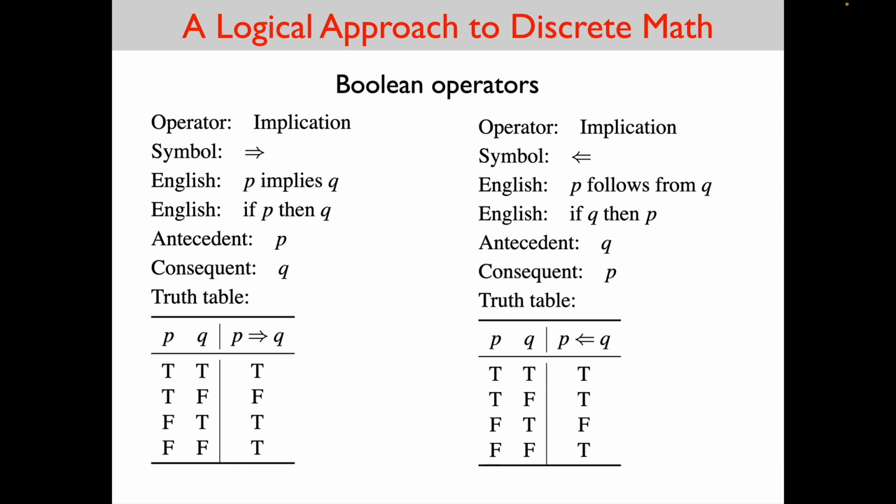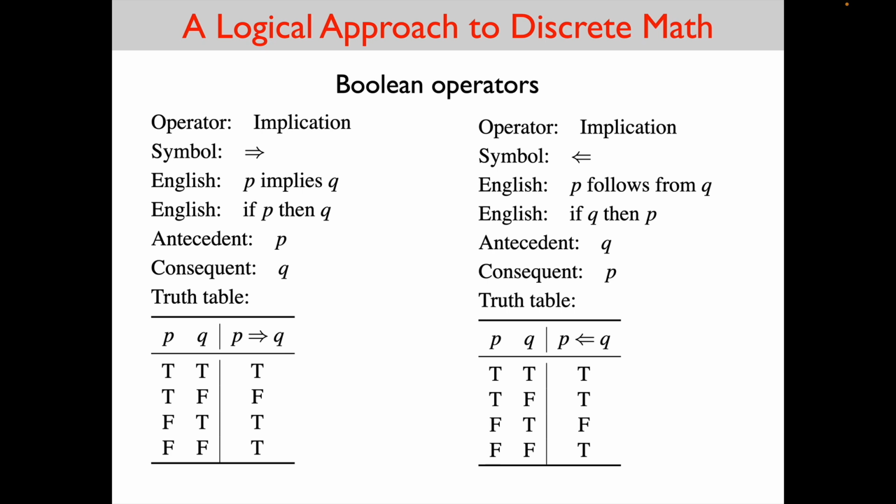Q is the tail of the arrow, and P is at the tip of the implication arrow. So in this case, even though Q is on the right-hand side, Q is the antecedent and P is the consequent. You just have to keep that terminology in mind.